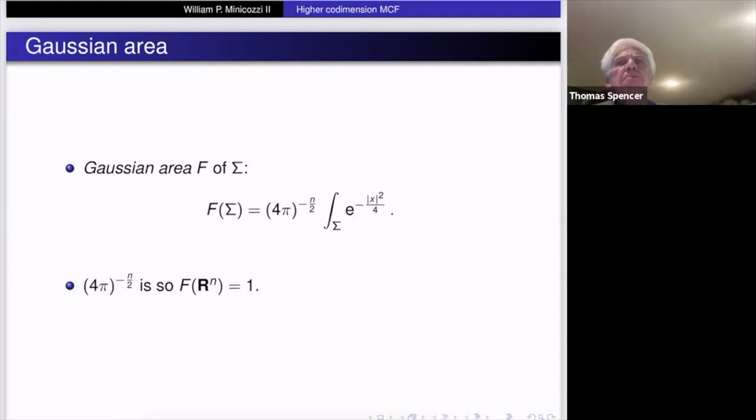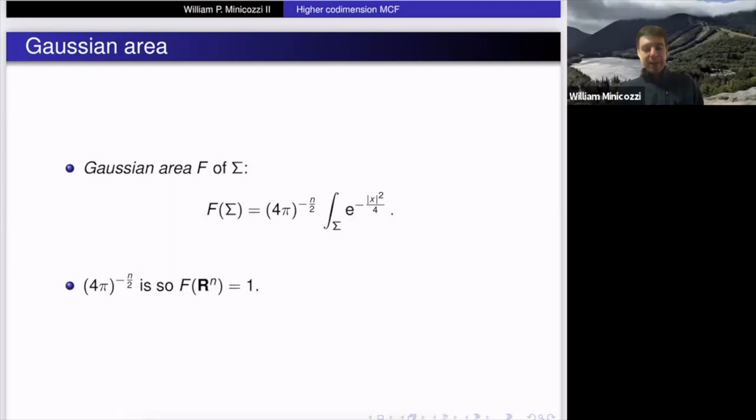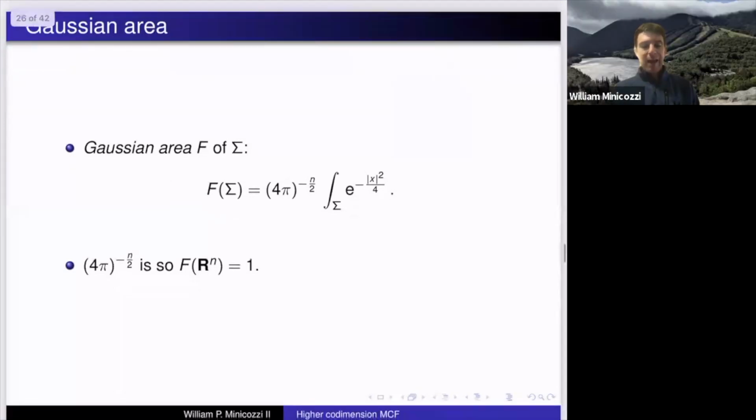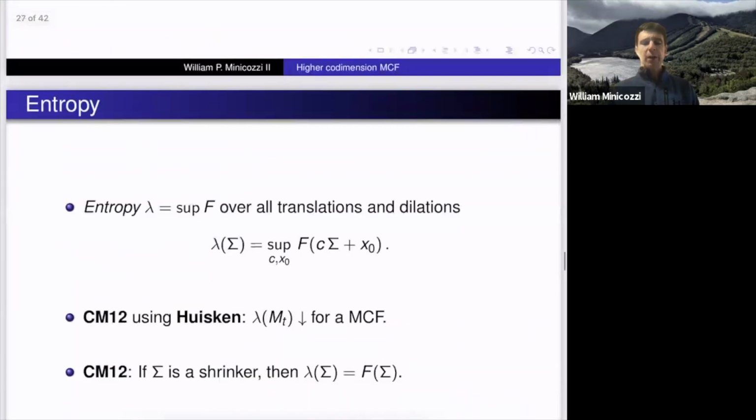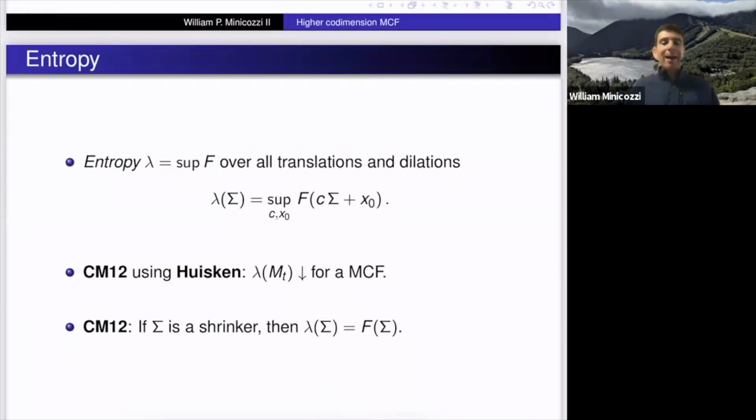Okay, so we take this Gaussian area, and this gives us a functional. And then we're going to define an entropy. I'm going to take my submanifold, translate it any way I like, dilate it any way I like, and if you'd like, also rotate it any way you like, and then compute the Gaussian area.